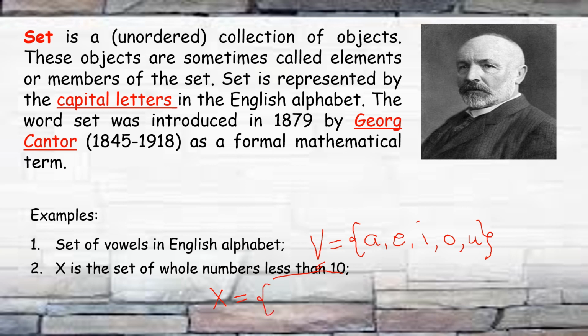We have, of course, 1, 2, 3, 4, 5, 6, 7, 8, and 9. We will not include 10 because in the given example, we are asked to write the whole numbers less than 10. So here is how you represent the set.